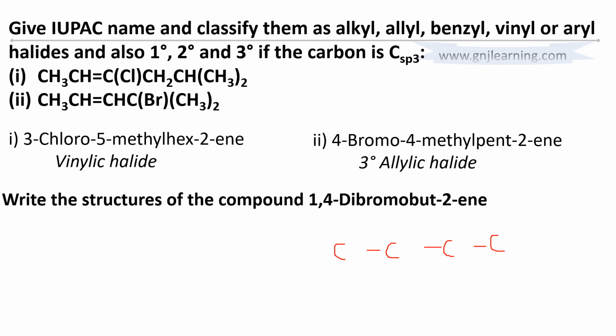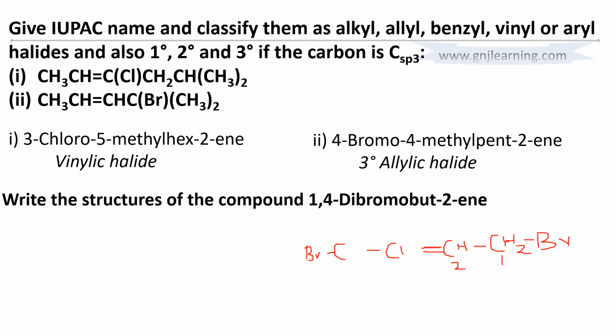If I am numbering from here, 1, 2, on the second carbon atom I have a double bond. Clear? Then on the first and fourth carbon atoms, I have bromo groups. So I will write it. I have one bromo group here, and also one bromine here, on 1 and 4. The rest I should complete or fill the valence of carbon with hydrogen.